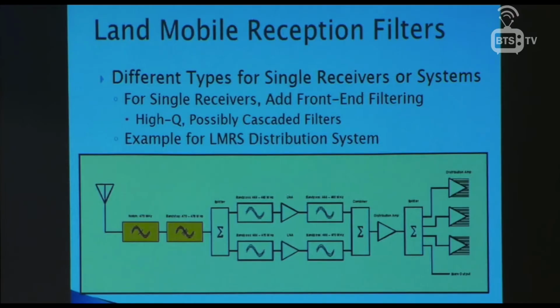So how do you deal with it? Basically stainless steel everywhere, 7/16 DIN connectors instead of type N connectors, all those kinds of things. Then there's the problem of reception. We need different solutions if you have a single receiver connected to a single antenna than if you have a master antenna system.